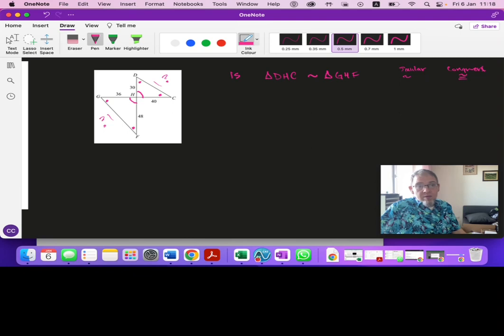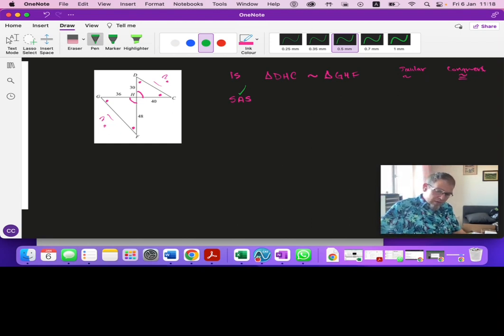And that makes sense because we've got vertically opposite angles. Those angles are vertically opposite each other, therefore they're congruent. So for using side angle side, I'm just going to make a checklist here. We have angles that are the same. Now we have to check the ratio of those other ones.